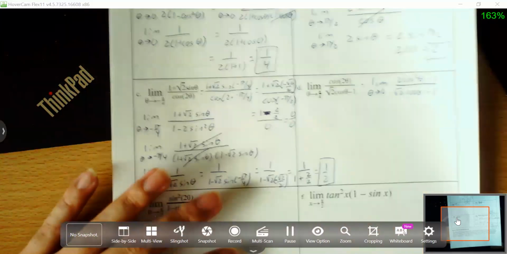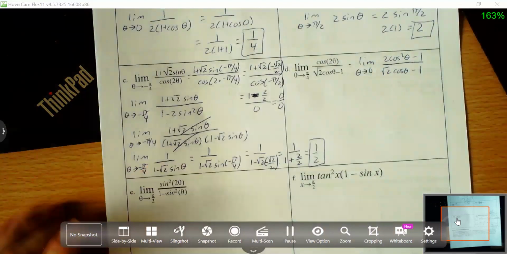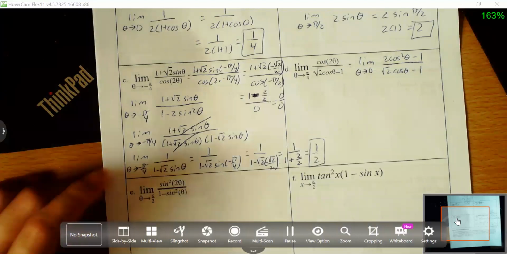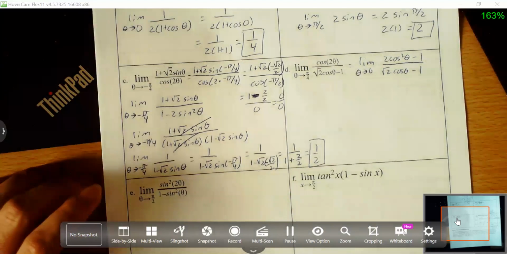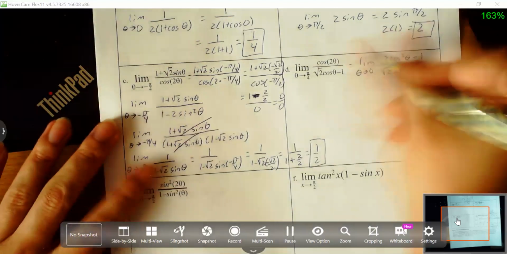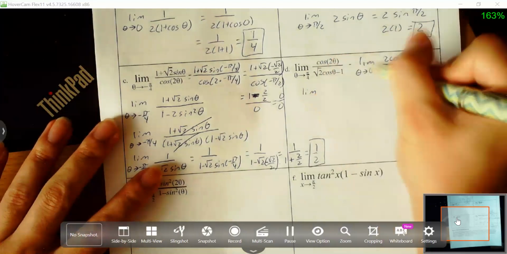I don't think these will ever be free response questions on the AP test. They are probably going to be multiple choice questions if you ever see them. So I know the top is going to factor by using difference of squares. Oh, this is pi over 4.